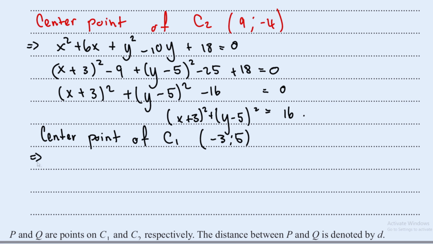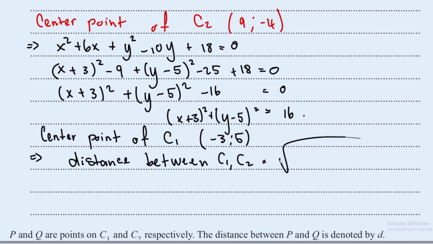Now, after all of that's done, we can find the distance between C1 and C2. I just plug this into the distance formula. So that's going to be the square root of (9 minus (-3)) squared plus (4 minus 5) squared.